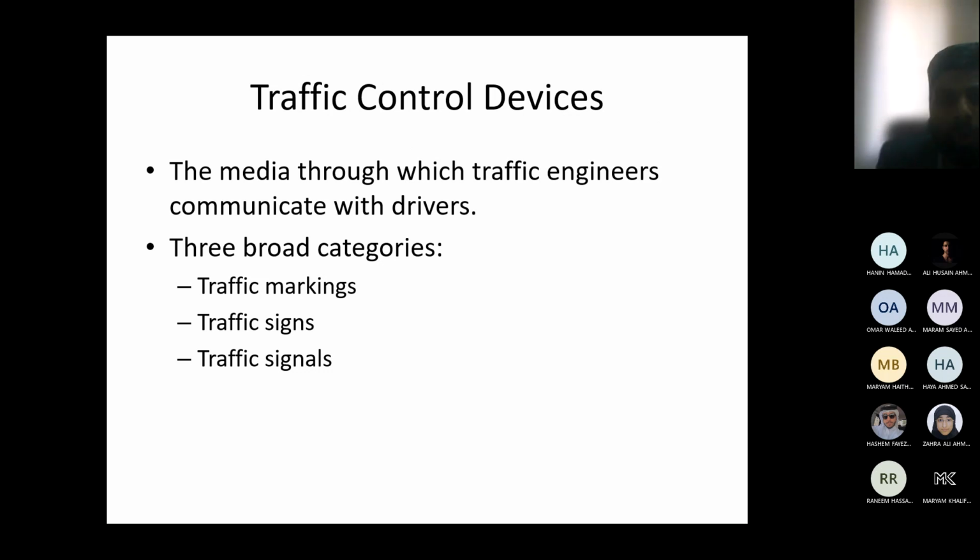Whoever is in charge of the road, if they want to communicate something to the driver, they will do it in the form of traffic control devices. There are three main categories of traffic control devices, which are traffic markings, signs, and signals. Then we can have subcategories as well, but these are the main three categories.